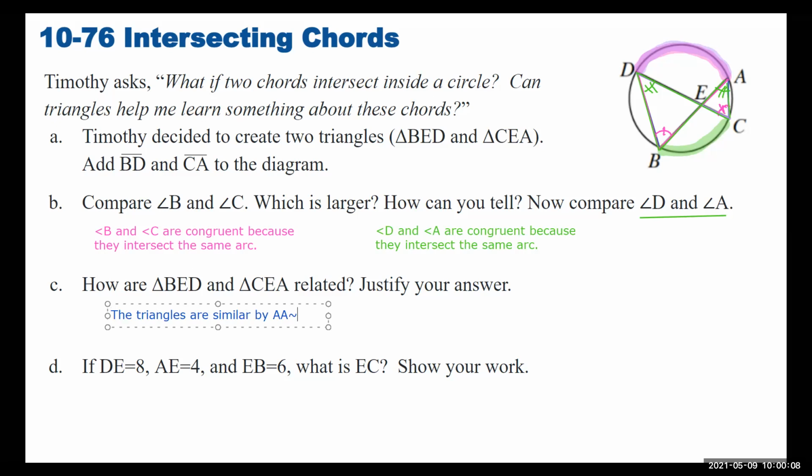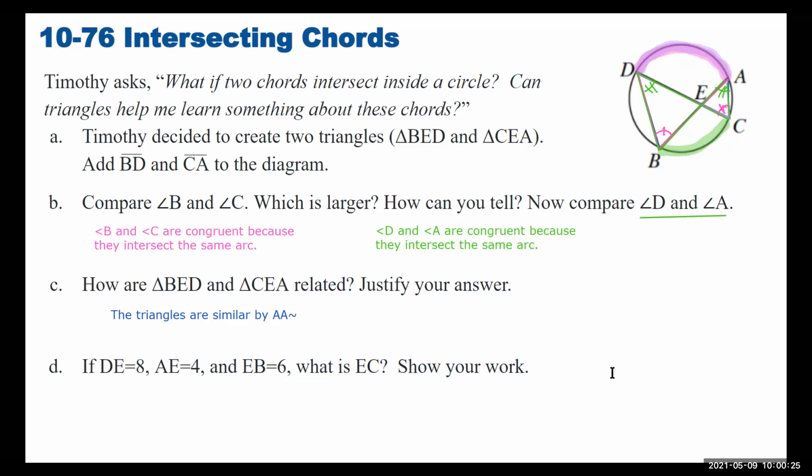Remember that rule: when we have two angles in common, then the two triangles are similar. Triangle BED is bigger, but they're the same shape.